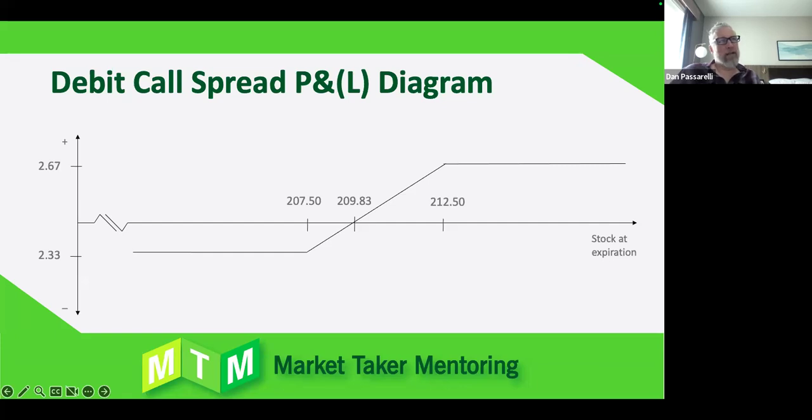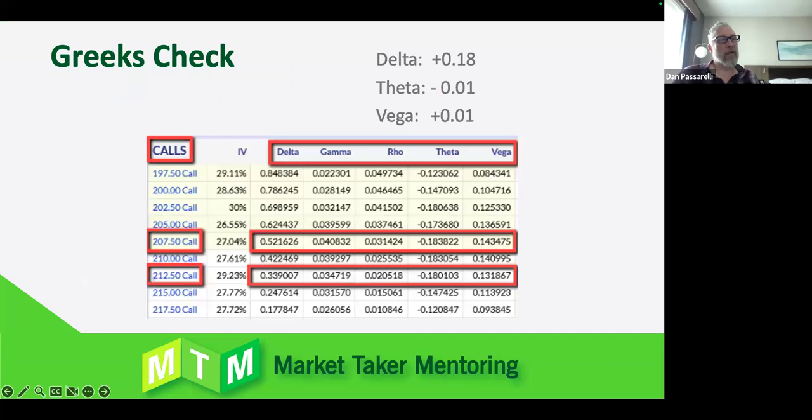When you're buying an at the money call and selling an out of the money call, you tend to get a risk reward that's kind of like this. I can make a little bit more than I can lose, which is pretty great. We look at the Greeks, we got this.